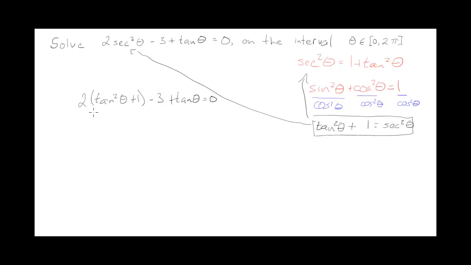So now I have only tangent terms. I can expand to 2 tan squared theta plus 2 minus 3 plus tan theta. Now it's like a quadratic. I'll add the like terms, and I'll put it in the typical order of a quadratic, descending powers.